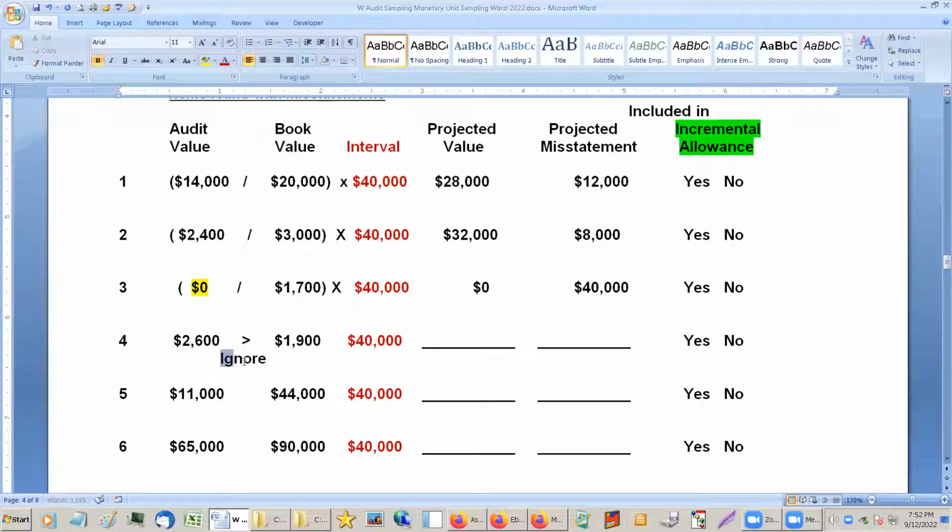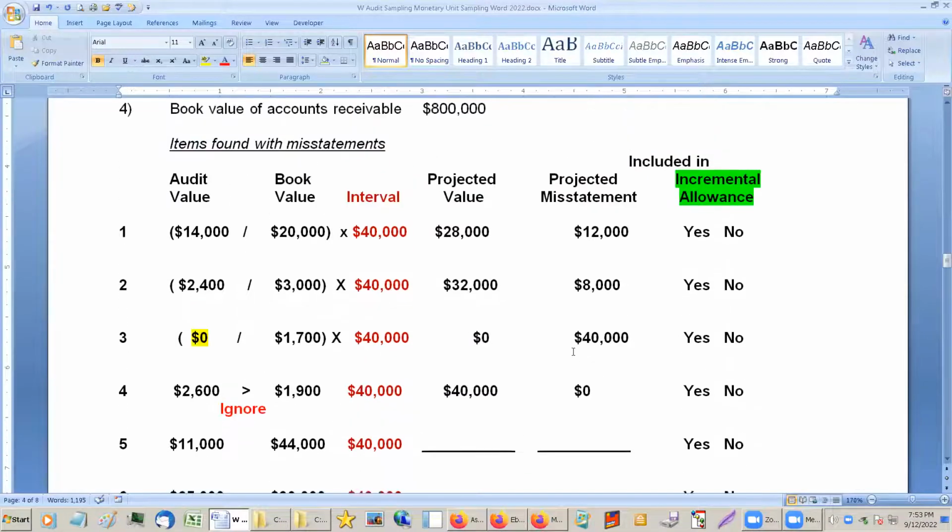So for this method, and again, as an auditor, you do say, well, wait a minute, that's wrong. But this would be projected value is 40,000. The misstatement is 0. So this one actually isn't a problem at all. For this method.